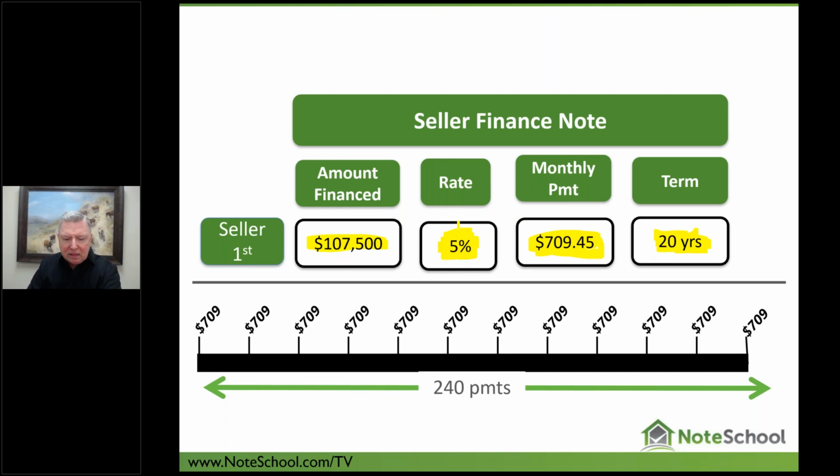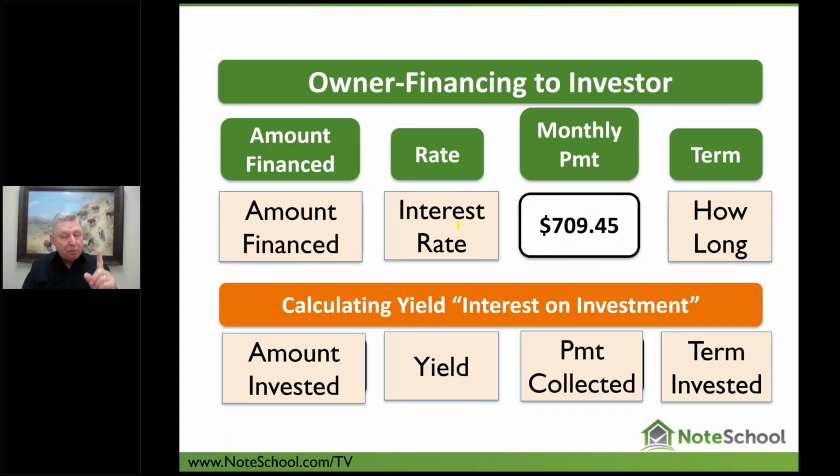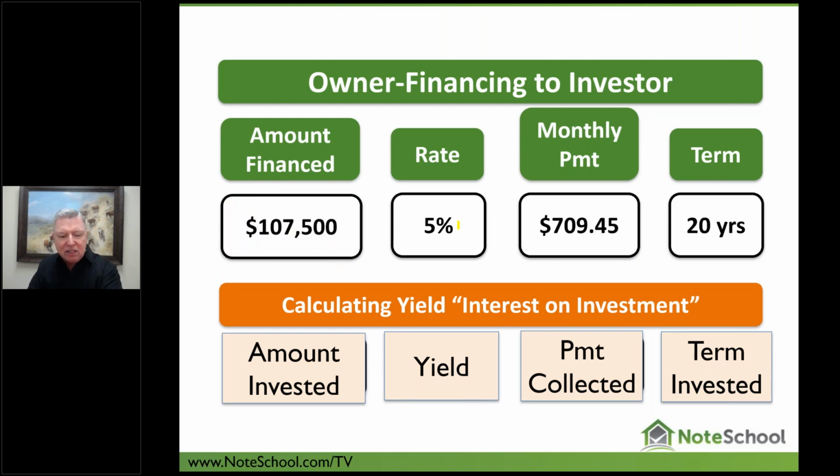So this income number, I use two different analogies. So first of all, the payment is $709, 20 years, 5% interest, which if you take any of those three variables, you can take this calculator and get the fourth, and it says that you're financing $107,500.